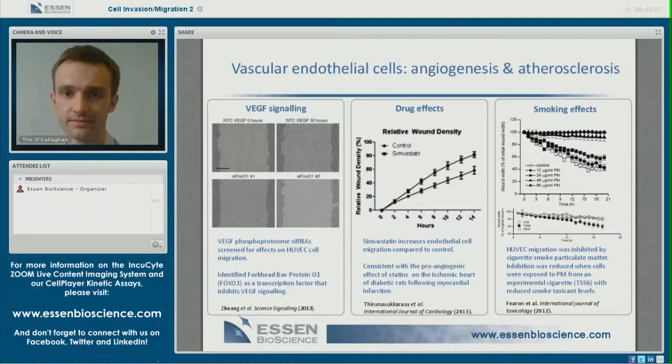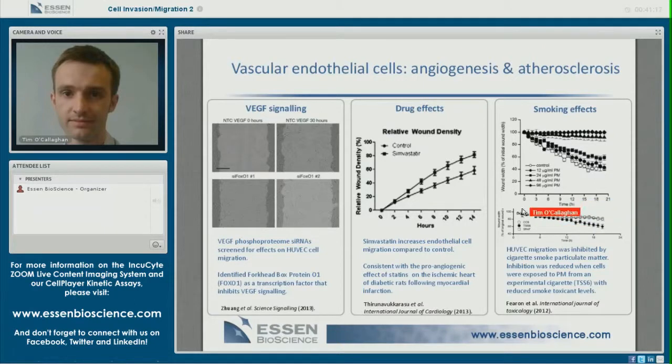And finally, on the right-hand side, Fearon et al. at British American Tobacco created a HUVEC model of smoking-induced atherosclerosis. They showed that HUVEC migration was inhibited by cigarette smoke particulate matter, and inhibition was reduced when cells were exposed to particulate matter from an experimental cigarette with reduced smoke toxicant levels.